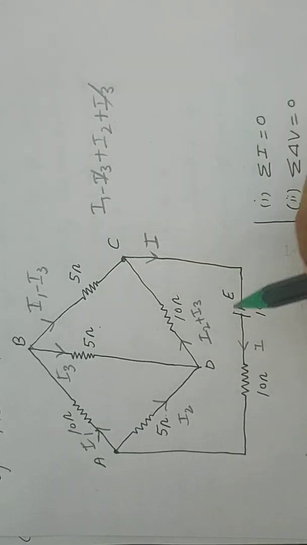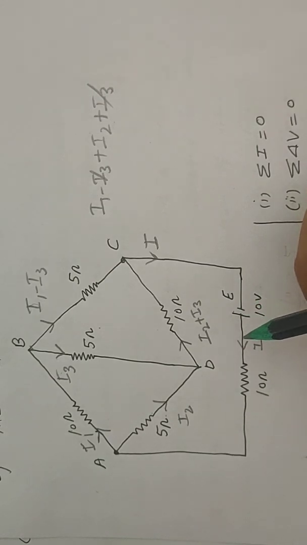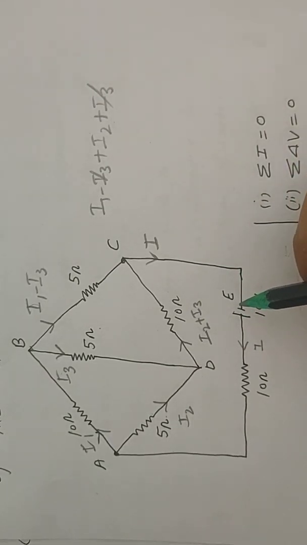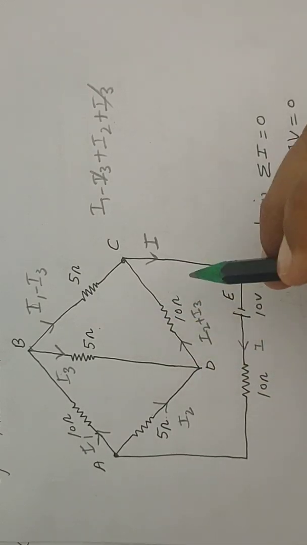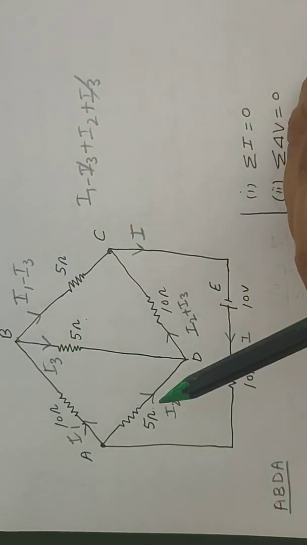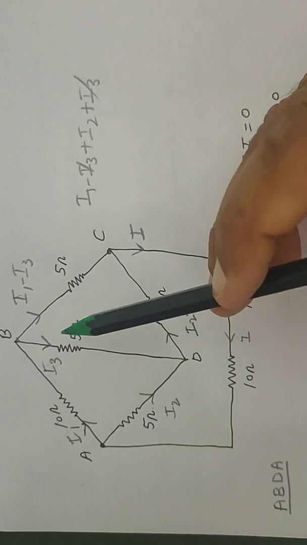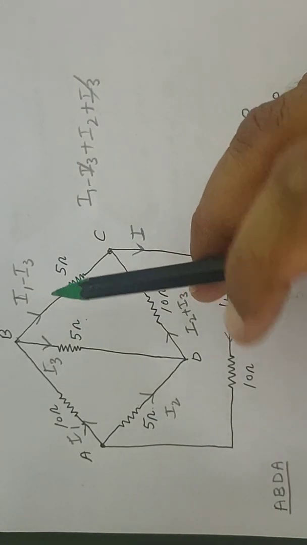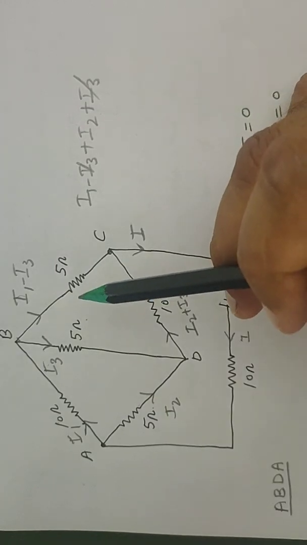So here we see I current is coming out of the cell and I current is entering the cell. So it means distribution of the current in this circuit is correct. Here we have I1, I2, I3, I, four variables. So we require four equations to analyze this network.